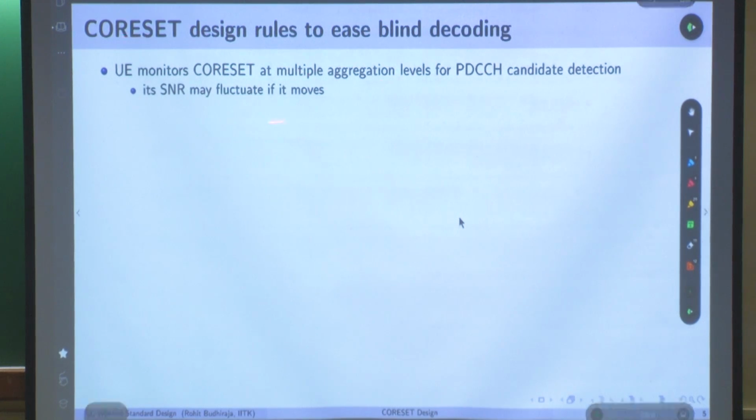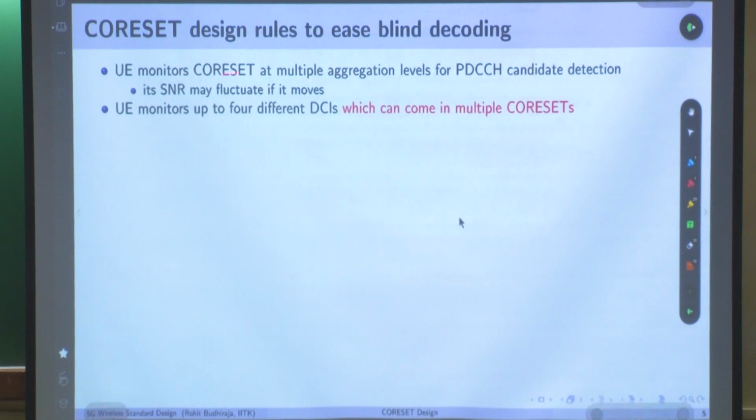Its SNR may fluctuate if it moves. So typically what the standard says is, since the SNR can fluctuate if it moves, the UE is supposed to monitor 4 different DCIs which can come in multiple CORESETs. In the last example, we only sent 1 DCI at 1 aggregation level, but DCIs can come at multiple aggregation levels for the same user.